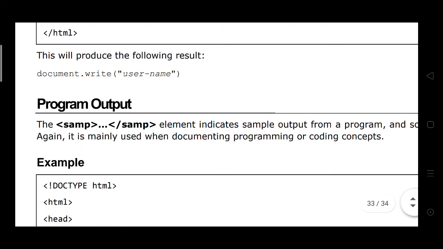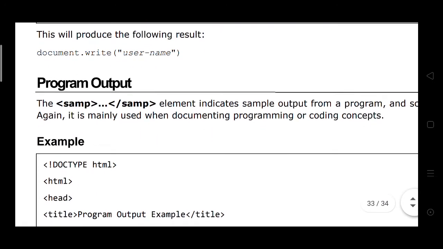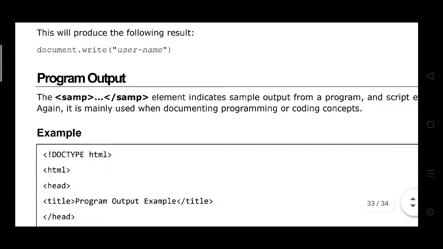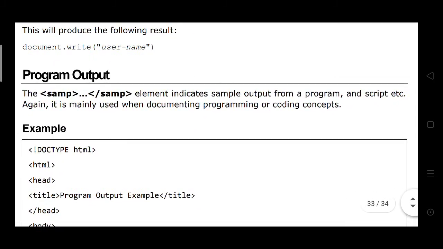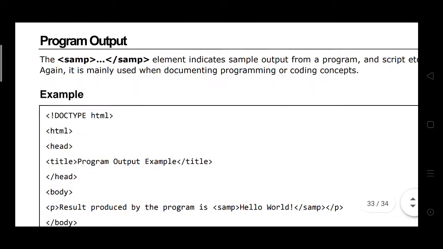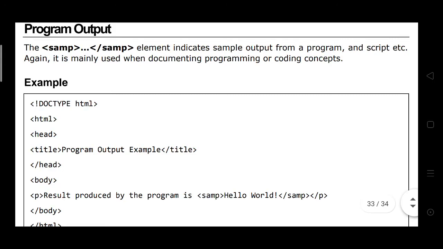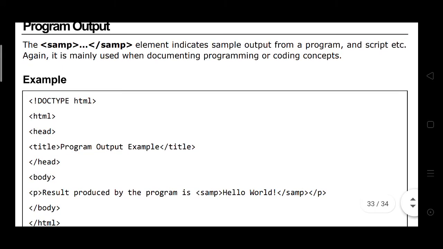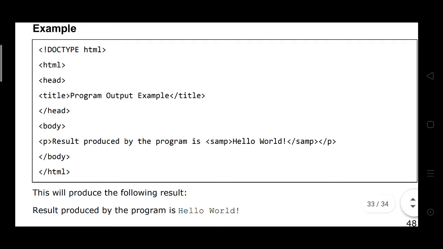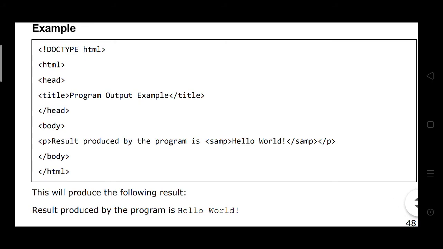Next one is the program output. The SAMP element indicates the sample output from a program. It is mainly used when documenting programming or coding concepts. Here the title of the program is program output example.